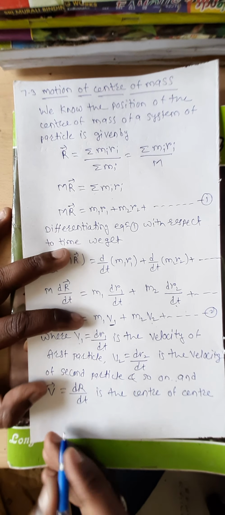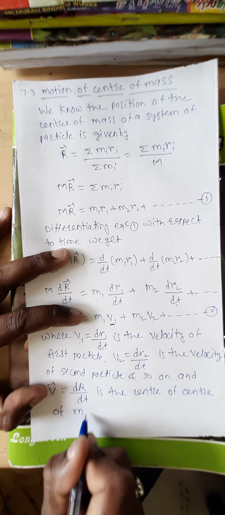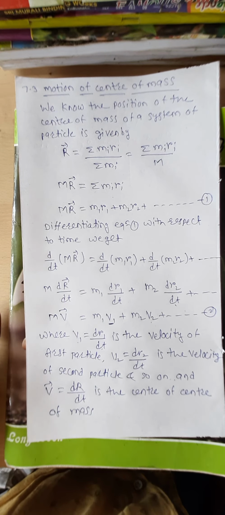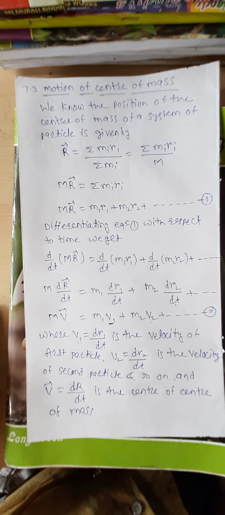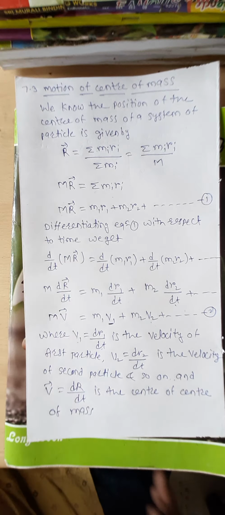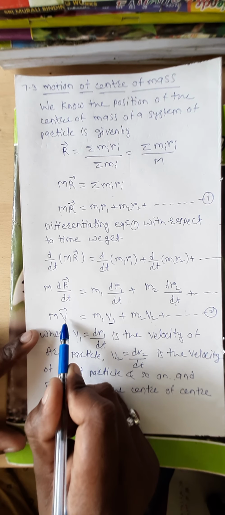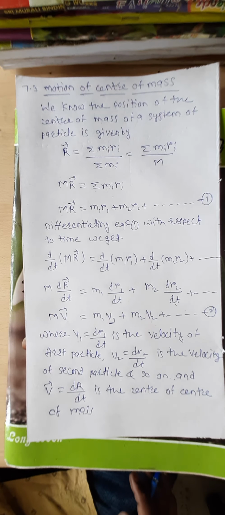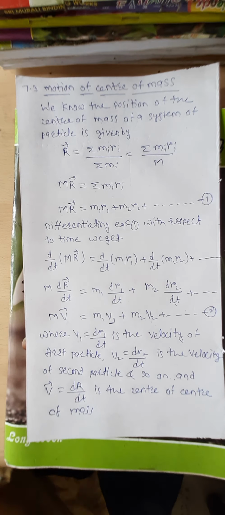Okay, capital V is the velocity of the center of mass. Now therefore M V is equal to m1 v1 plus m2 v2 plus m3 v3 and so on.